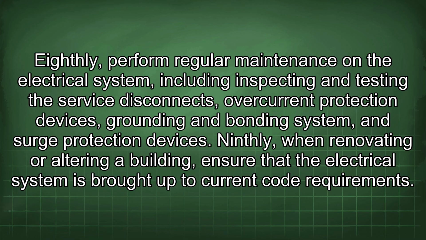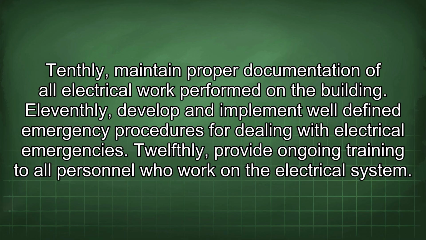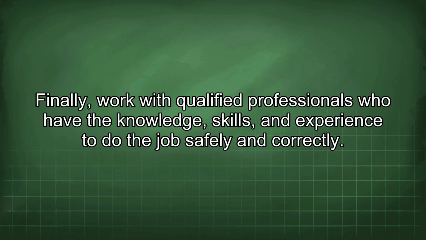Ninthly, when renovating or altering a building, ensure that the electrical system is brought up to current code requirements. Tenthly, maintain proper documentation of all electrical work performed on the building. Eleventhly, develop and implement well-defined emergency procedures for dealing with electrical emergencies. Twelfthly, provide ongoing training to all personnel who work on the electrical system. Finally, work with qualified professionals who have the knowledge, skills, and experience to do the job safely and correctly.